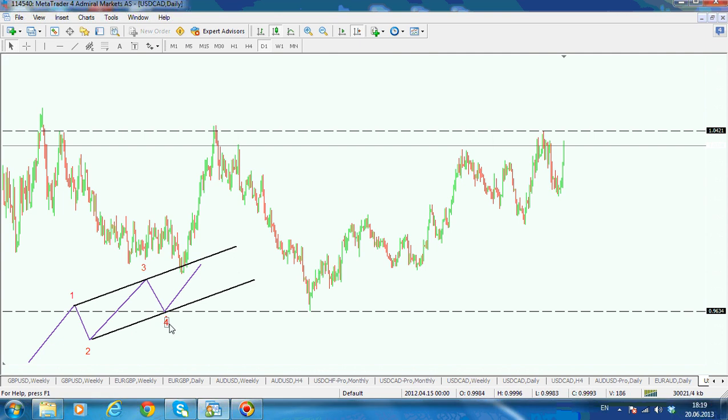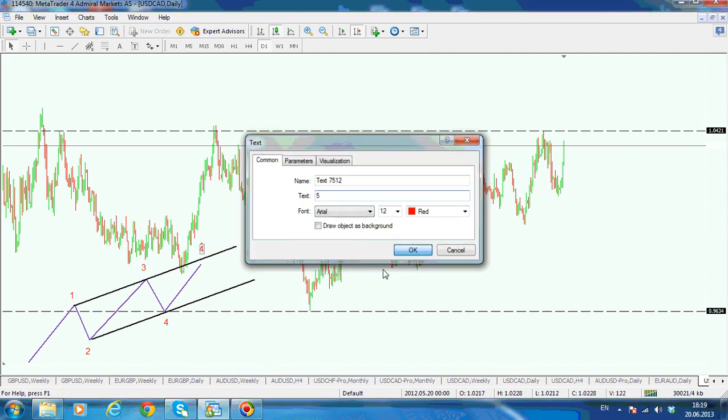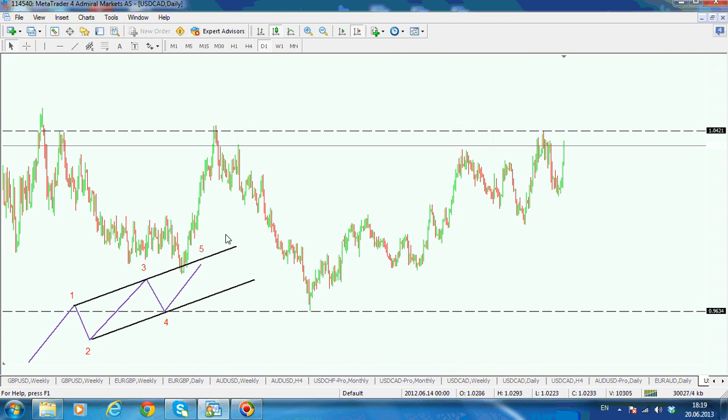So 1, 2, 3, 4, 5, and this is how a leading diagonal looks like. Sometimes a leading diagonal resembles a wedge, either to the upside or to the downside. It is not mandatory to have a wedge look, but sometimes this is the case.